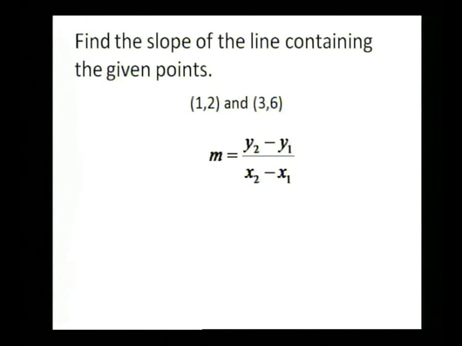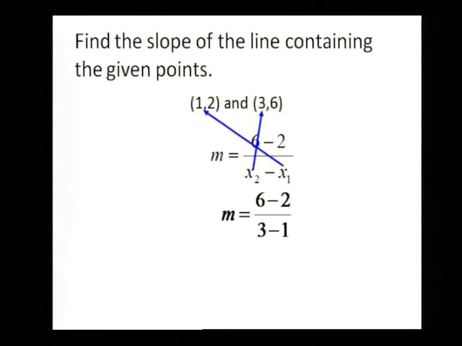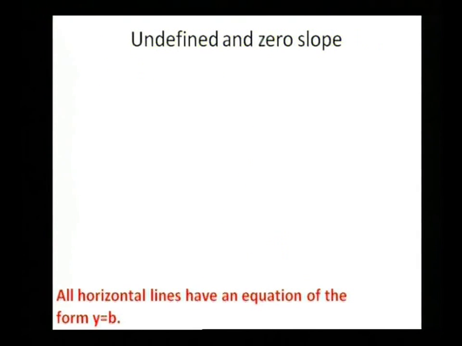So y2 minus y1 upon x2 minus x1, that is 6 minus 2 upon 3 minus 1. So the slope of the line containing these 2 points is m equal to 2. This way we can find the slope of the line.